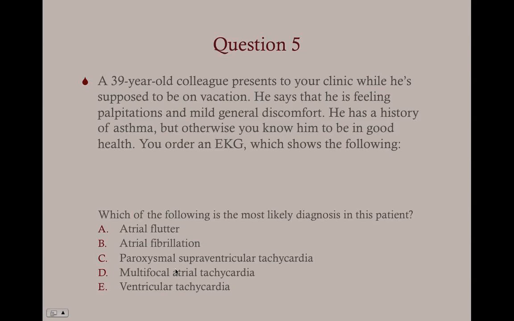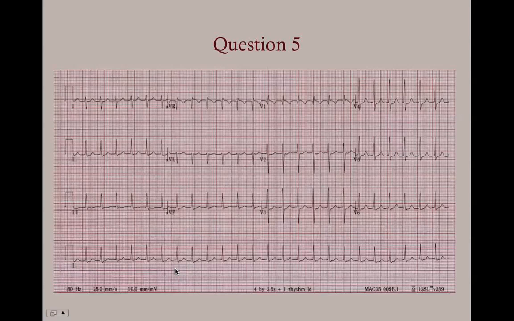If this was, in fact, multifocal atrial tachycardia, even though we don't have any indications on this patient to diagnose multifocal atrial tachycardia, you would see P waves of various morphologies. Remember, that's how we diagnose multifocal atrial tachycardia. In that case, we have multiple foci on the atria that are feeding into the AV node.